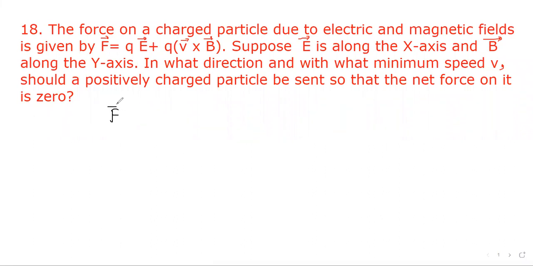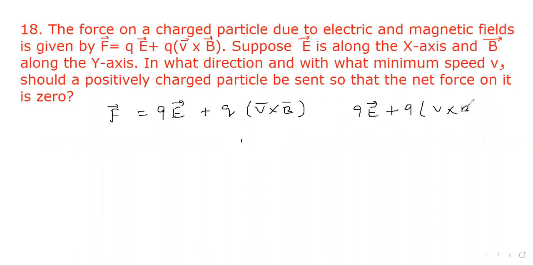Here we have F equal to QE plus Q V cross B. Now, for net force to be zero, QE plus Q times V cross B must be zero.